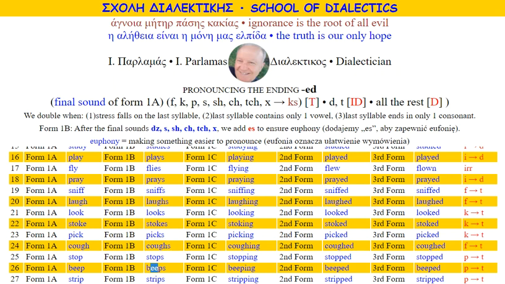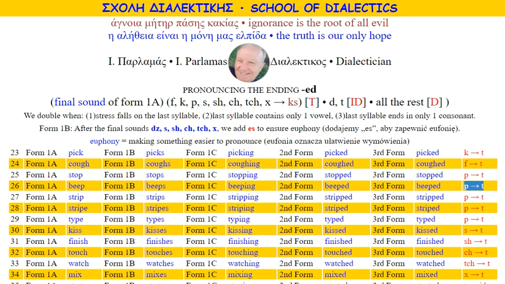So we don't double. We have beeping, beeped, P, and it's pronounced like a T. Let's go to strip. Strip, strips, stripping, stripped, with double because all three conditions here hold, okay?